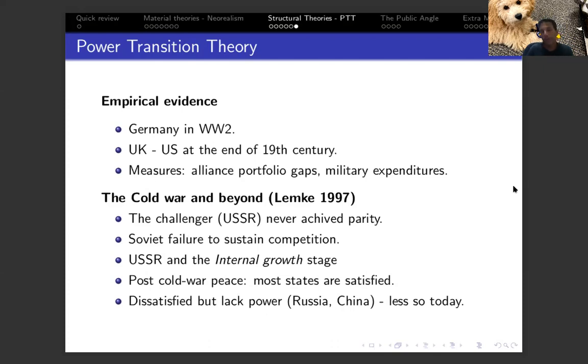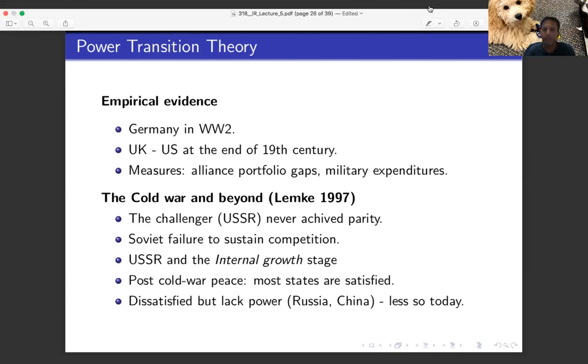As I said, the balance of power is a risky proposition in the context of power transition theory. The reason the balance of power in Europe that we have today is not a risk for war is that all those states are satisfied with the international order. So that's part of the explanation, according to this argument, of why there's no large-scale war today.